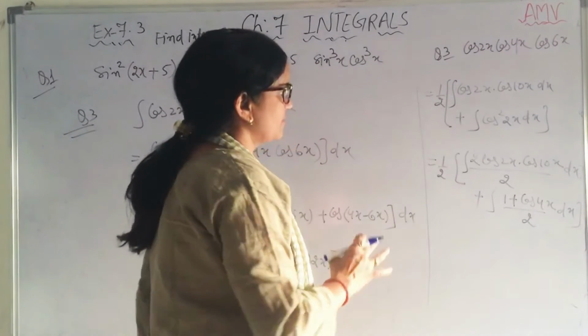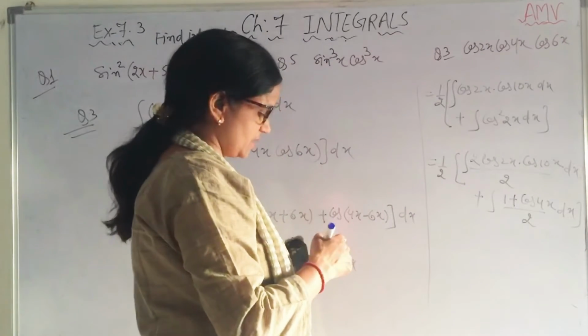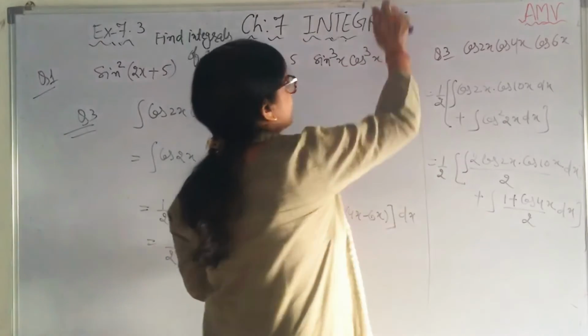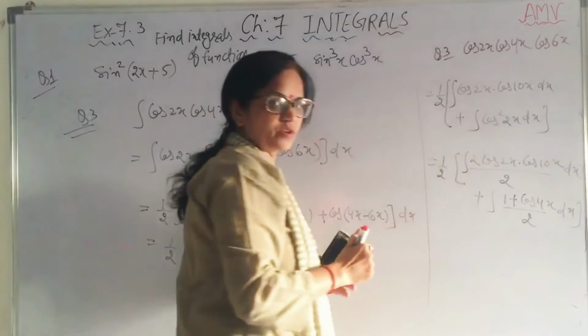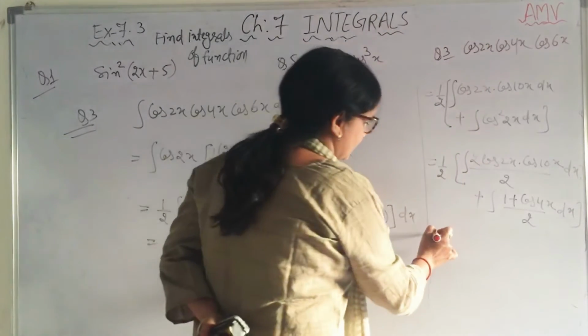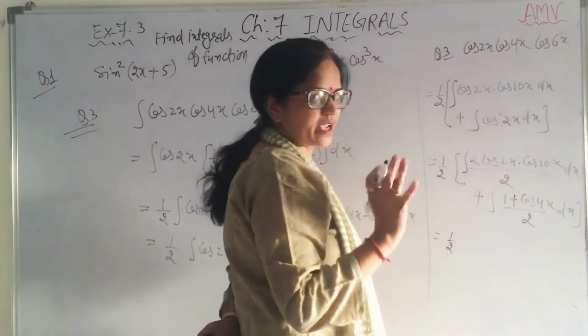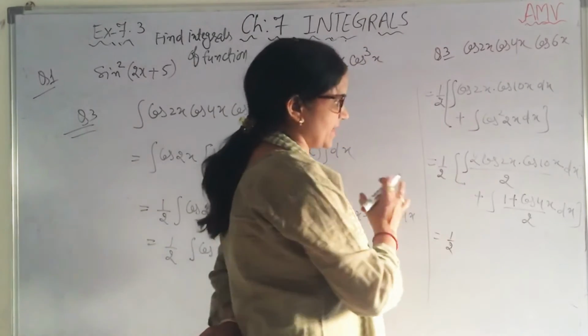You have to write the formula. Here I have no space, that's why I am not writing the formula. But you have to write the formula also, which formula or which identity you are applying here.